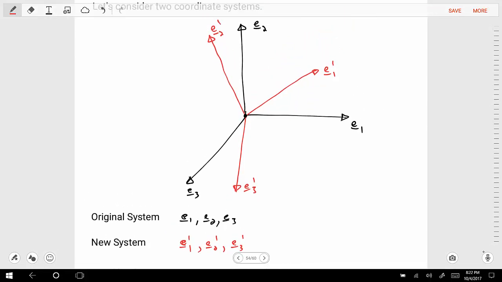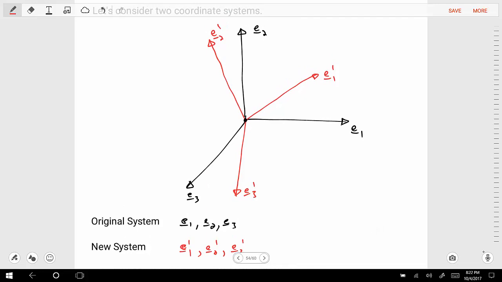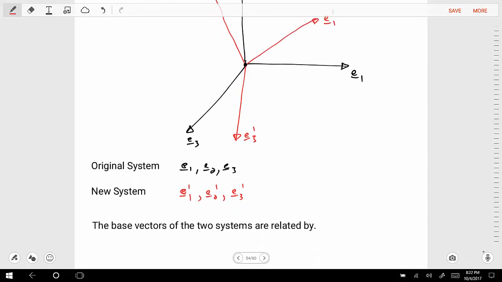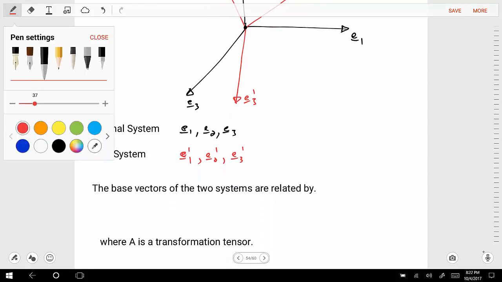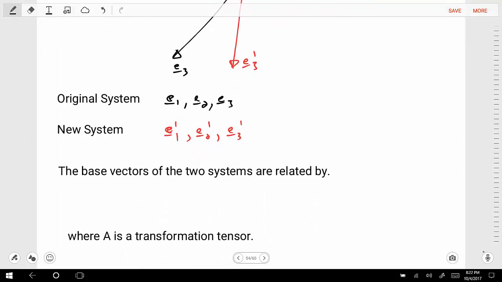Well, if we can understand and define that there exists some relationship between these coordinate systems, then we can say that the base vectors of the two systems are related by the following equation. We can say that the base vectors of our new system are equal to some tensor dot our original base vectors, where this tensor is called our transformation tensor.